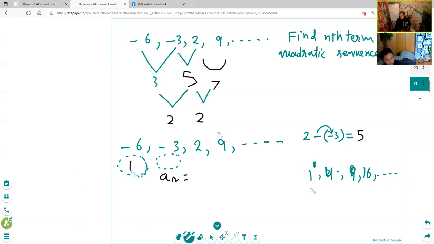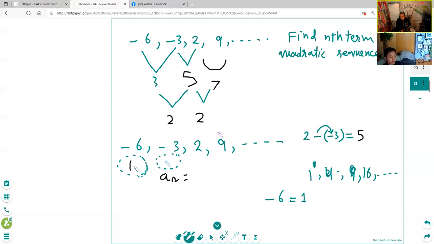How can we get this? This is minus 6. Okay, we need to write 1. Which number should we add or subtract to get again minus 6?